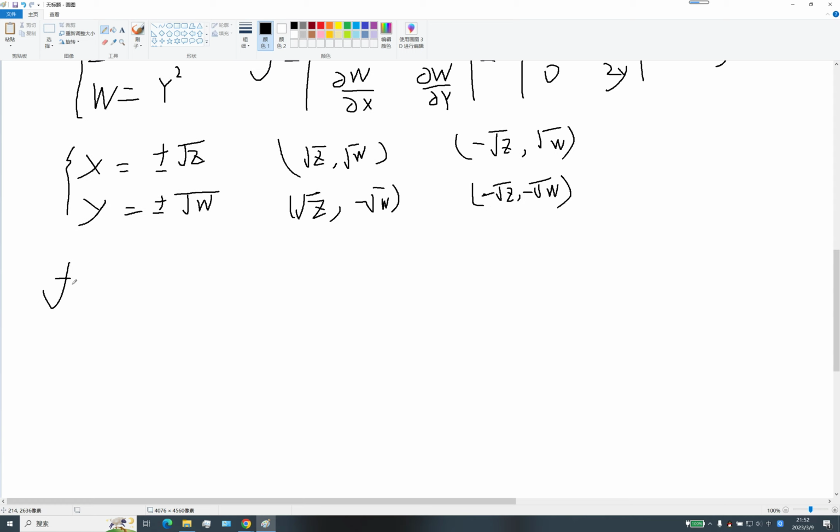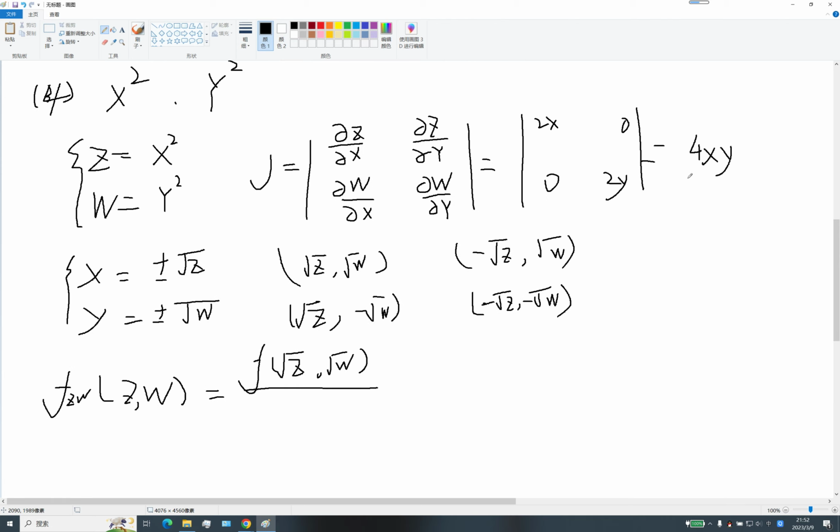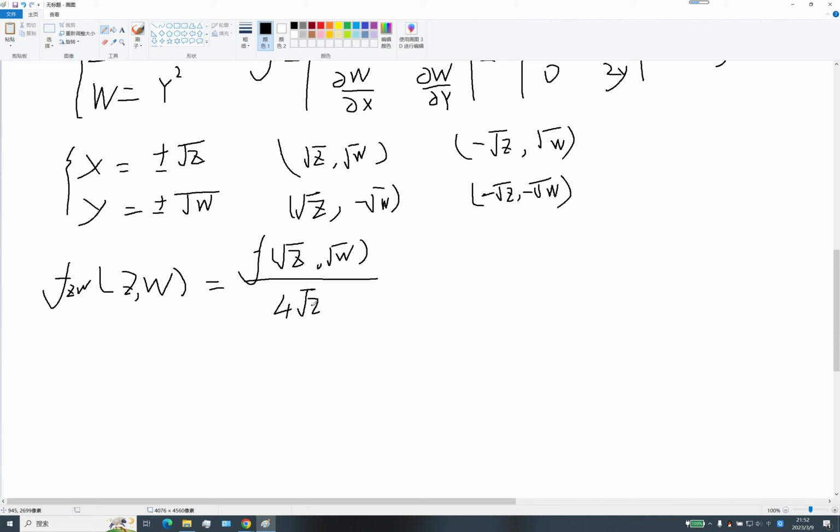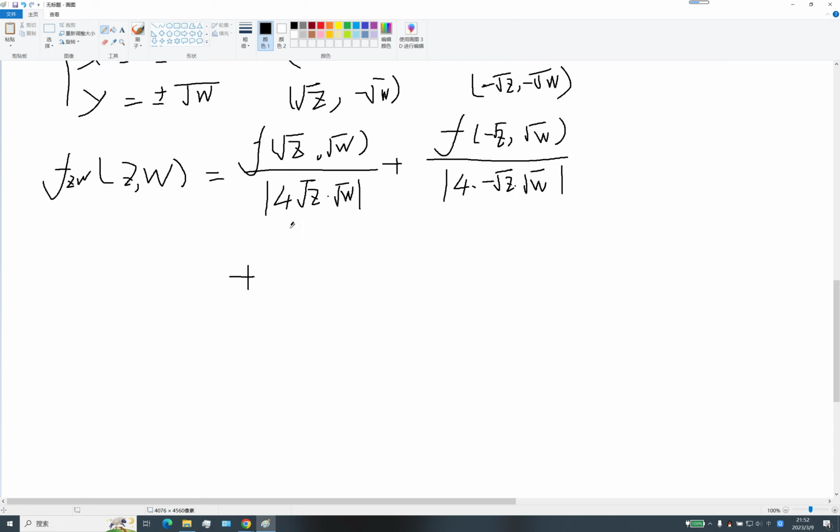So to get f(z,w), it is equal to the first one, positive z, positive w over this, plus the second one, negative z, positive w over this, plus the third one, positive z, negative w, and the fourth, negative z, negative w.